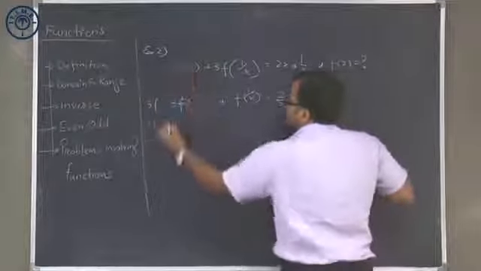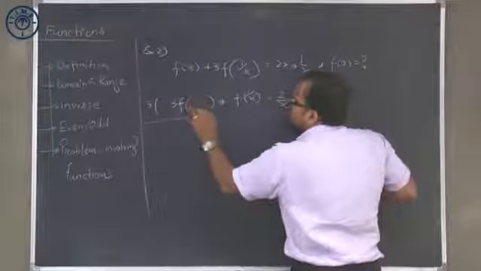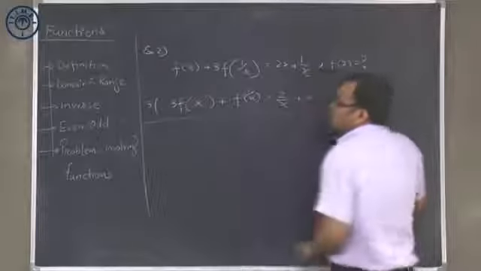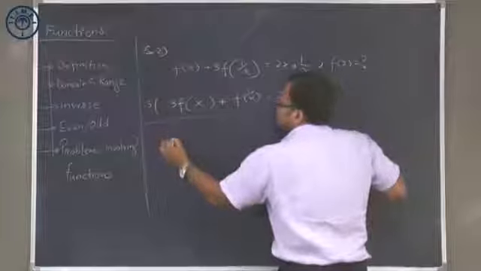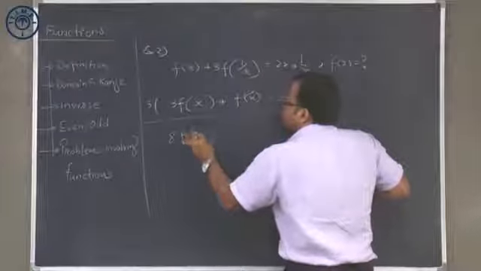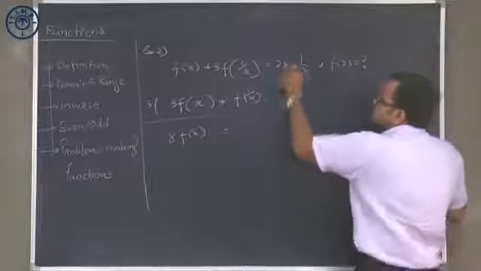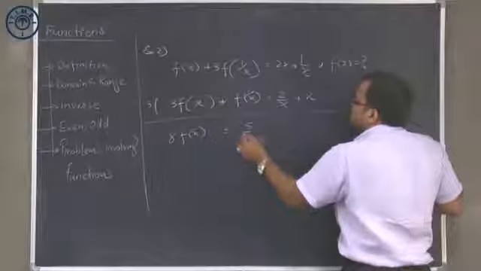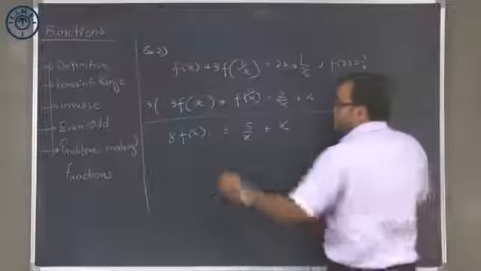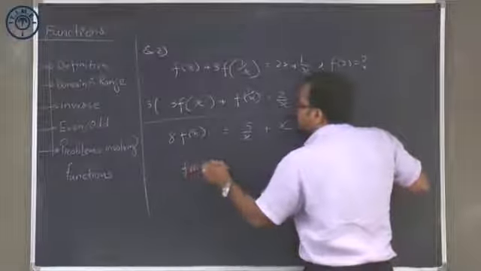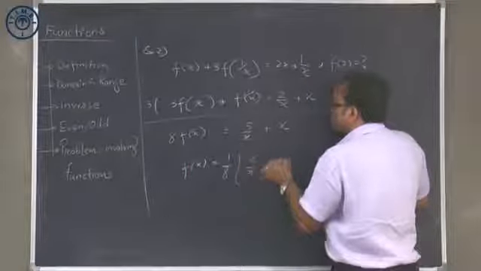So 3 times 3 is 9, 9 minus 1, 8, 8 times f(x), the f(1/x) terms will cancel, is equal to 3 times 2 is 6, 6 minus 1, 5/x, plus 3 minus 2, 1, so plus x. From here, f(x) = (1/8)(5/x + x).